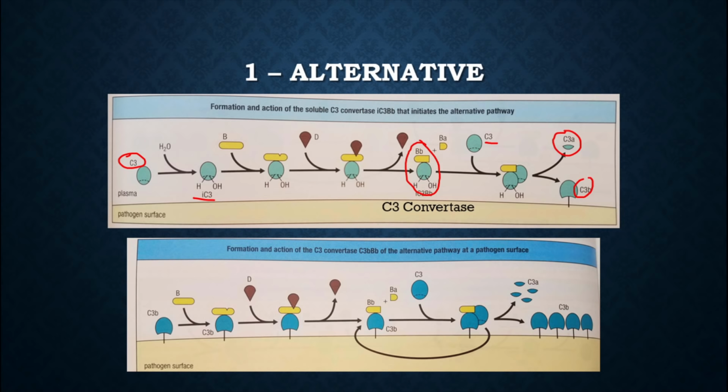a pathogen surface. Once it's embedded, it can bind to another protein B, and again can be activated to form another C3 convertase. Once it's done that, it can create more of the C3b, which will embed along the pathogen. This is important, because C3b is a marker for phagocytosis by the phagocytes within the body.